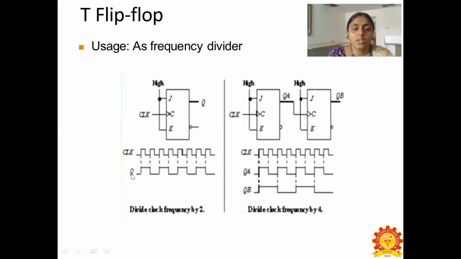So here the Q output changes once for every 2 time units of the clock. And in the next diagram we have the clock frequency divided by 4. So 4 transitions shown in the clock pulse represent one state in the output.